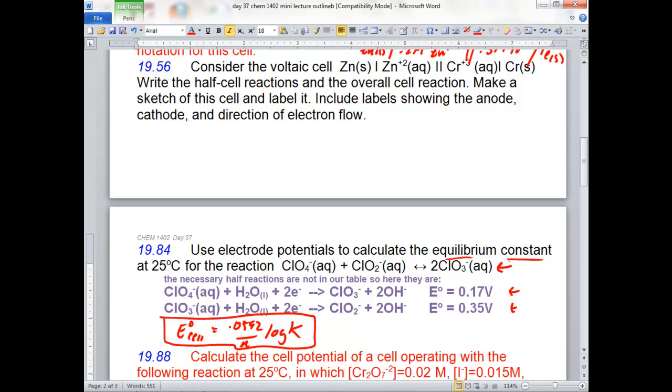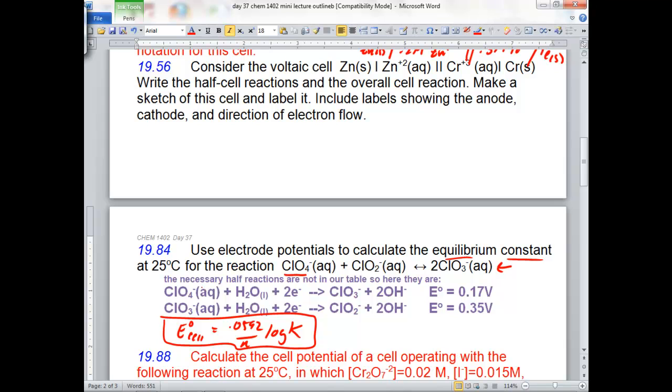If you flip this one, ouch, you're not going to get the right answer, because if you flip that one, this chlorate isn't going to be a reactant anymore. It's going to be a product, on the wrong side. It's got to be on the reactant side. So don't flip that top one. Flip the bottom one.